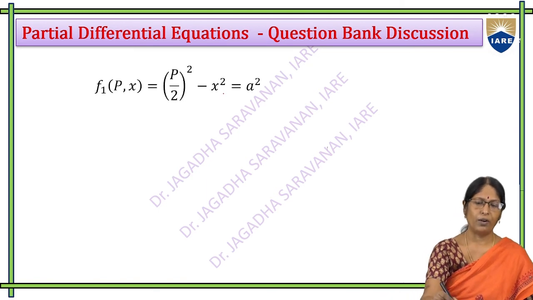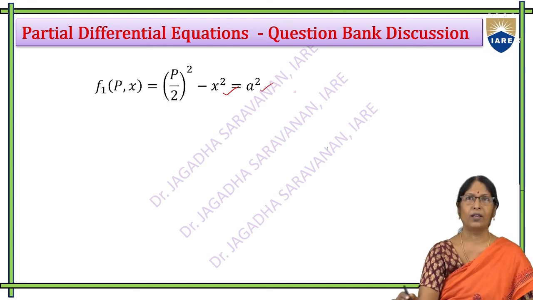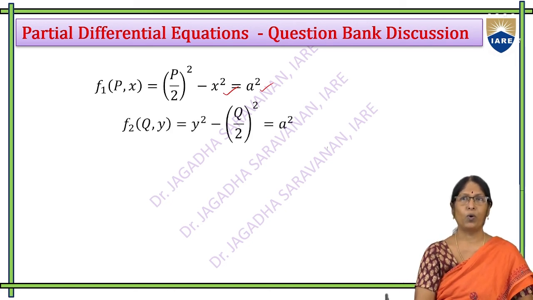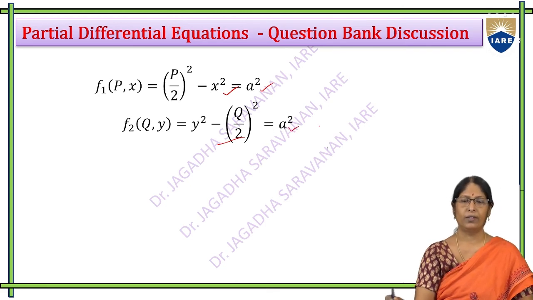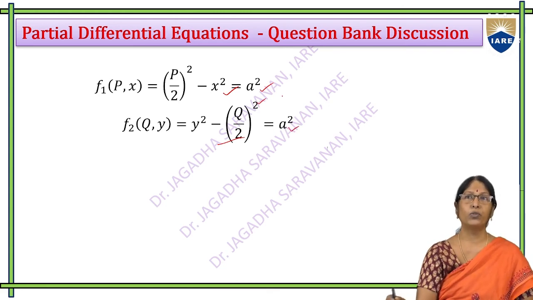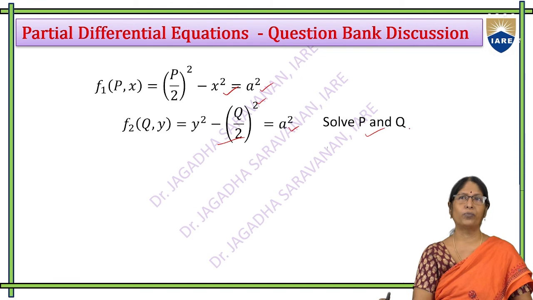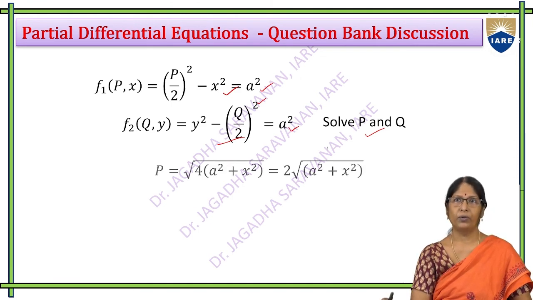For standard form 3, the rules are: the p and x terms are to be grouped and equated to a, but here squares are there, so a square. The same with q and y, grouped and equated to a square in our particular problem. Solve for p and q.